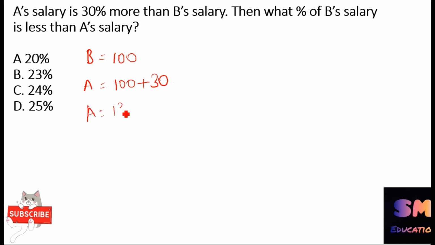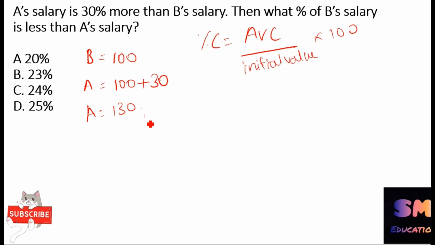So A's salary becomes 130. What they are asking, then what percentage of B's salary is less than A's salary? For this, we have to calculate the percentage change between A and B. What is the formula for percentage change? Absolute value change by initial value into 100. So, absolute value change is 30. 130 minus 100.